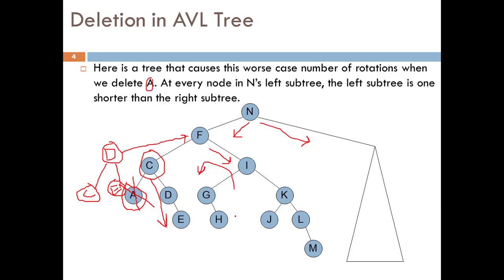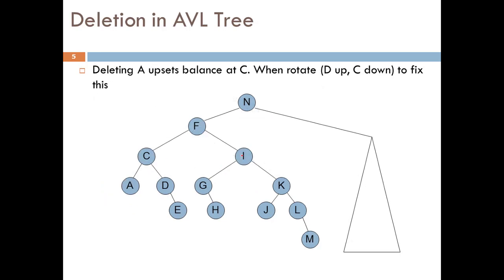Sometimes we need to perform 1-2 rotations and the tree will be balanced. But in the worst scenario, the number of rotations to be performed is log n rotations. This is the explanation of what we have just discussed.